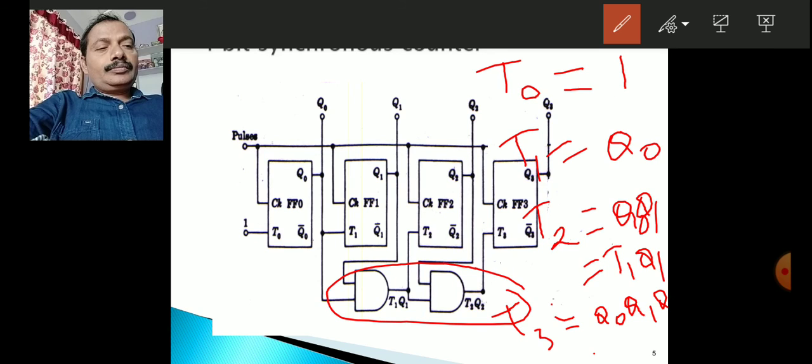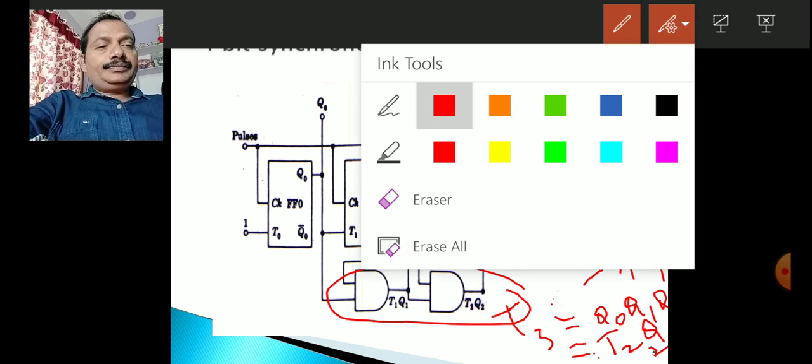So this is T2 Q2. You can write it as T2 Q2. T3 equals T2 Q2, like this. So out of these design equations, just connect the circuits like this.